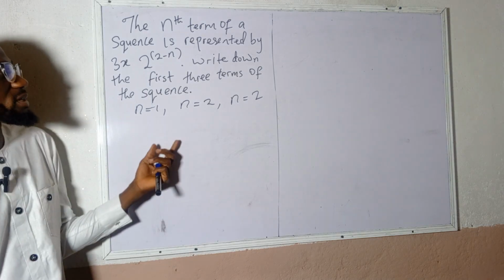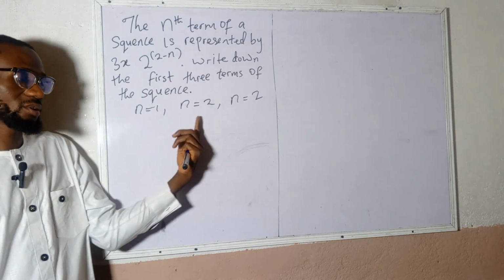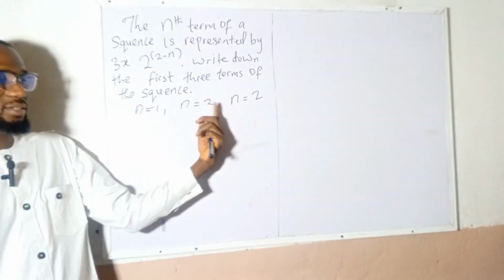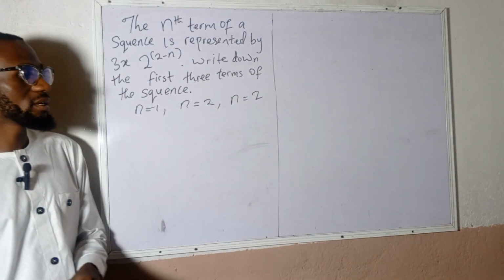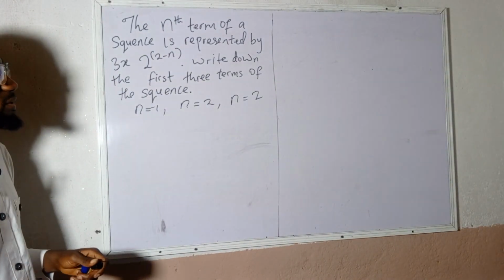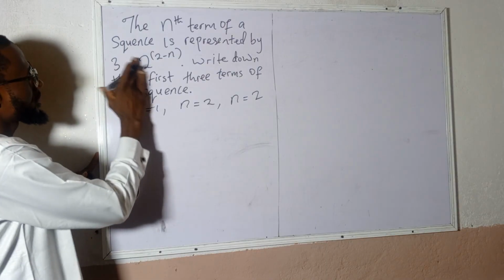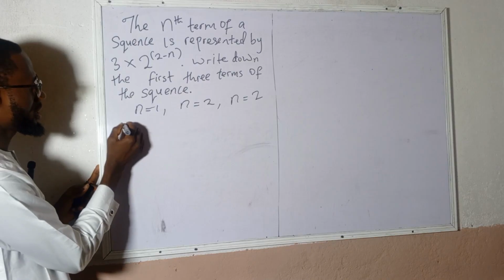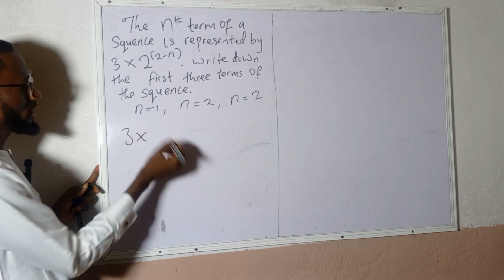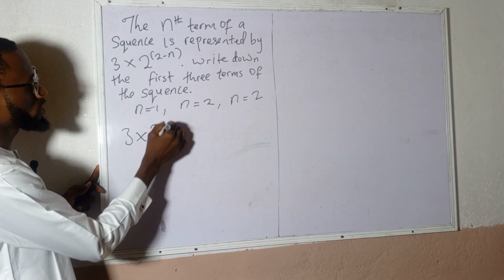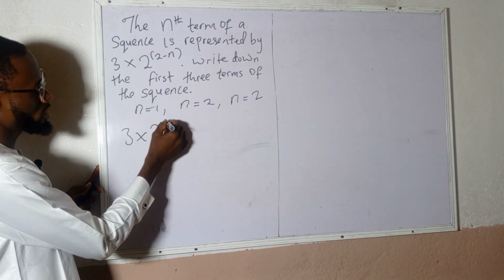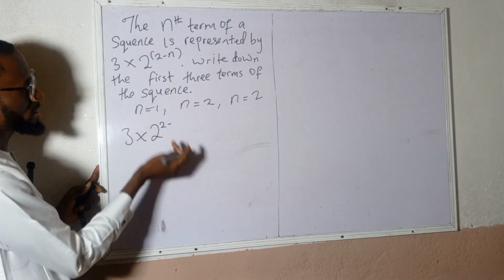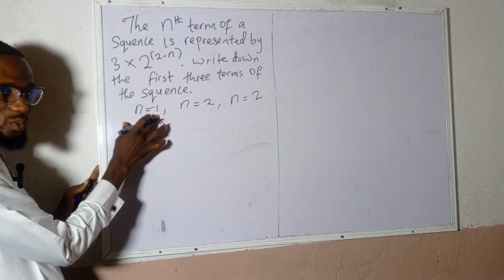Then we are going to represent when n is equal to 1, n is equal to 2, and n is equal to 3 in the series of numbers. That is, 3 times 2 raised to the power 2 minus n when n is 1.